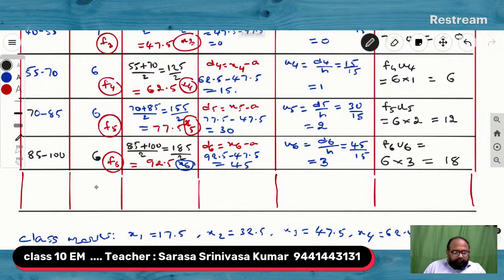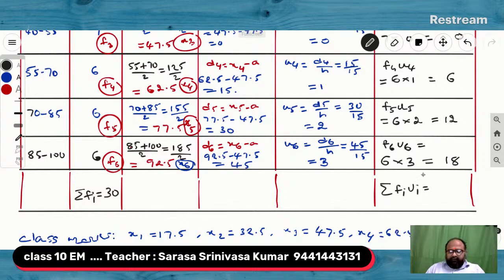Now we add all the values in the second column, F1 plus F2 plus F3 plus F4 plus F5 plus F6, written as sigma Fi. We get the sum equal to 30. Next, we find the sum of the last column, sigma Fi Ui.